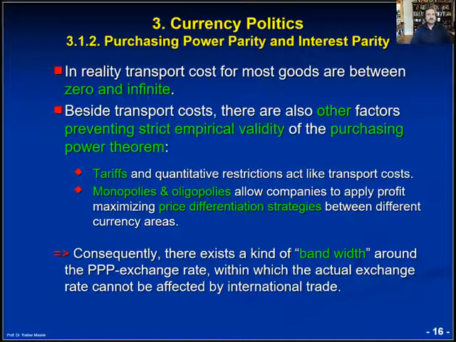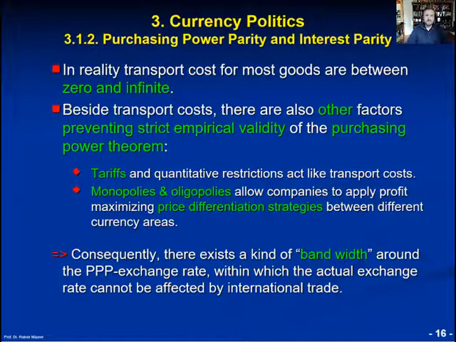So in reality, it is very likely that a kind of bandwidth exists around the purchasing power parity exchange rate, and within this bandwidth the actual exchange rate cannot be affected by international trade.